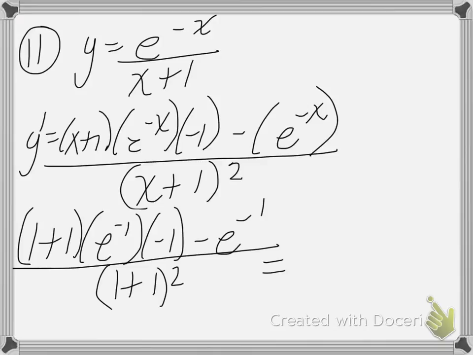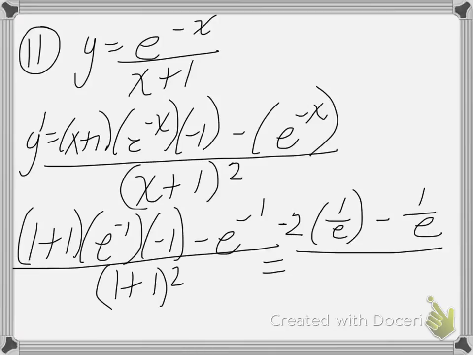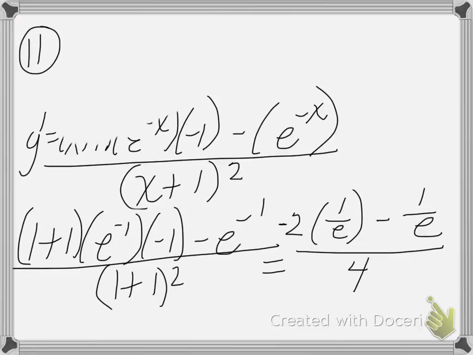Okay, so if you simplify, 1 plus 1 is 2. E to the negative 1 is just 1 over e. And then you have a negative there. Put it in front of the 2. Minus 1 over e. And 1 plus 1 is 2, and 2 squared is 4. So I'm just going to erase on the top, just to give ourselves more room here.